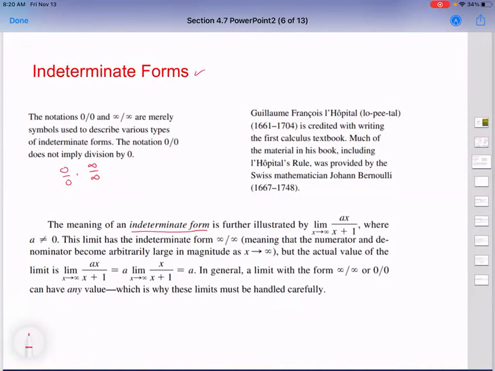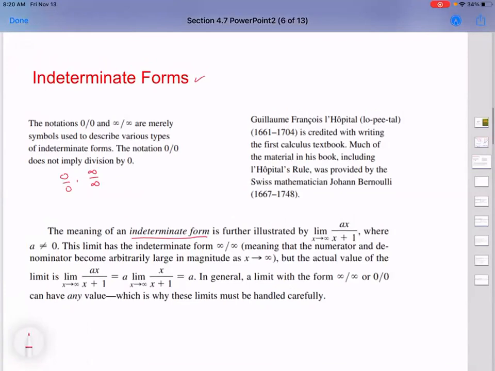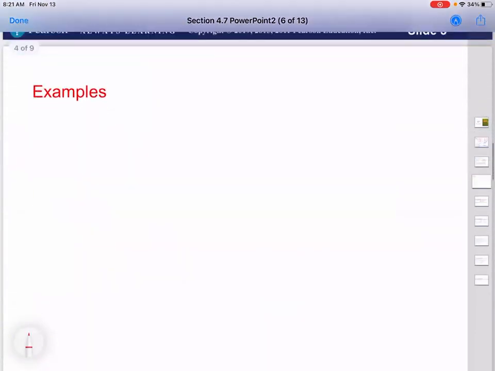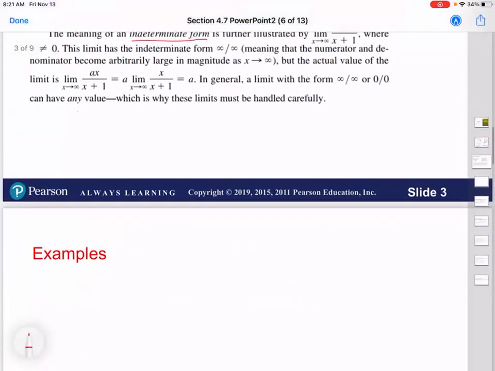Now, if you are dividing a non-zero number like 5 by 0, we say that it doesn't exist or it's not defined. But if you have 0 over 0 or infinity over infinity, it's called indeterminate form. Okay, let's move on.